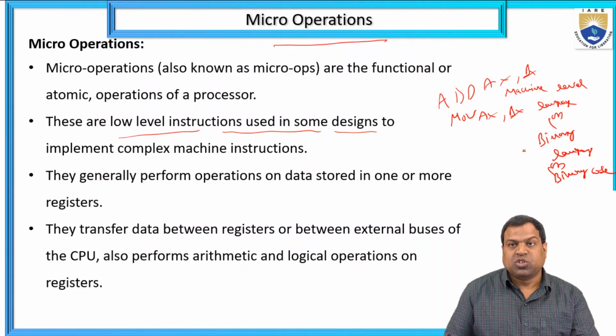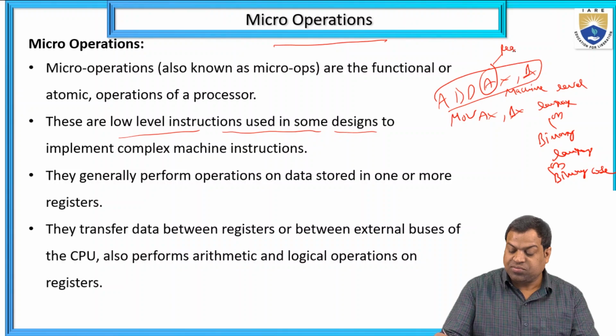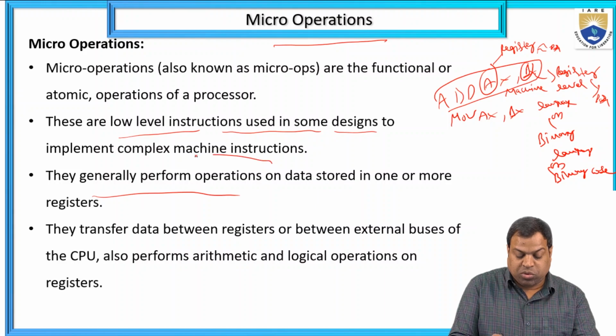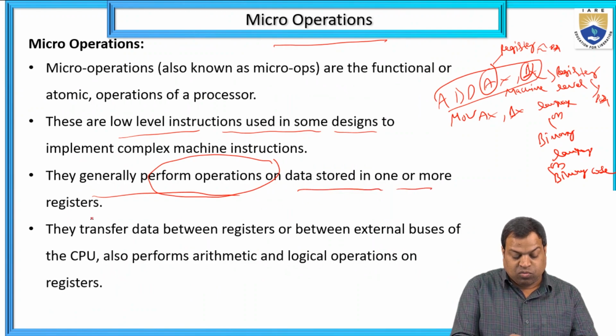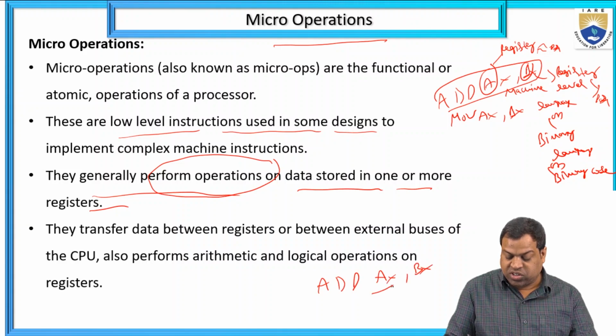So these are the low-level instructions, meaning machine-understandable language or binary instructions, and they generally perform operations on data stored in one or more registers. Suppose I am going for ADD AX, BX.